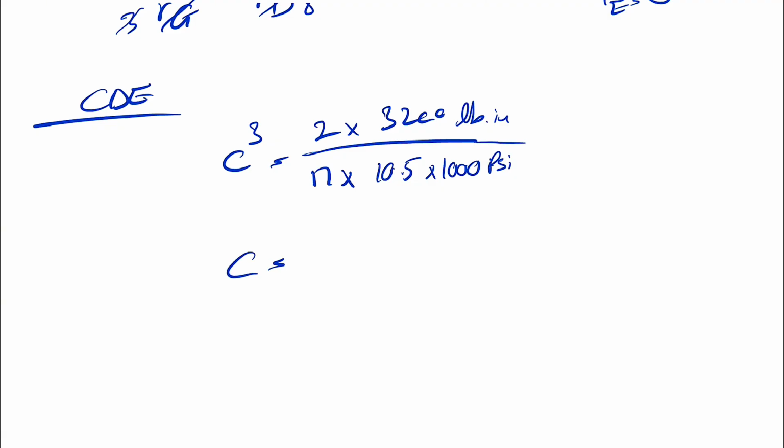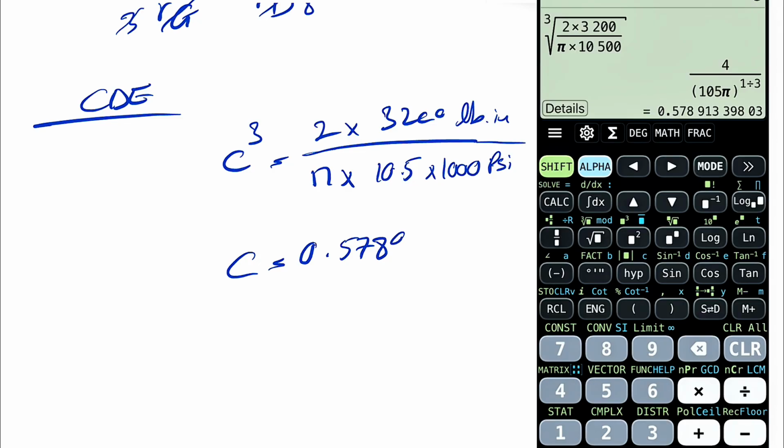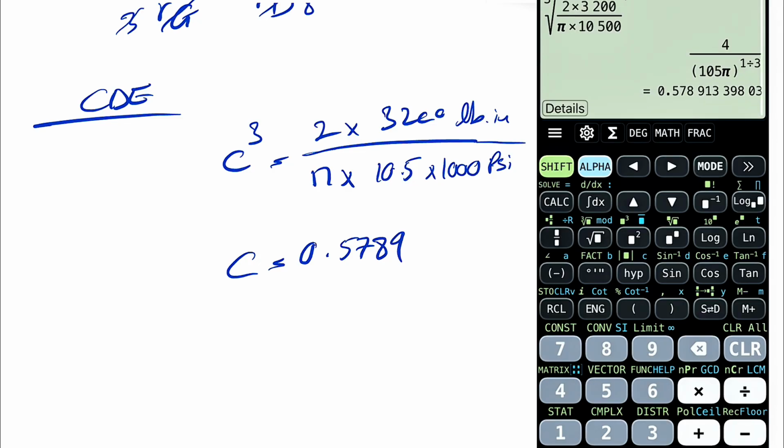So our c would be basically the cube root of that ratio that we have: 2 times 3200 over pi times 10.5 ksi. So c will be 0.5789 inches, and we just need to multiply this by 2.